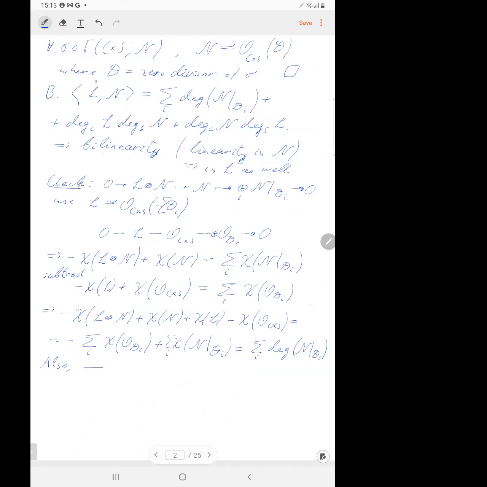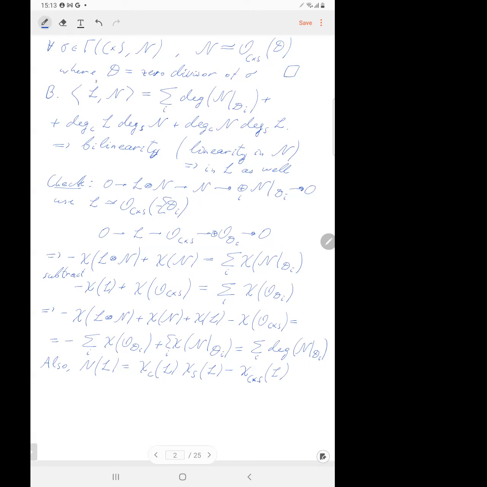That the defect of anything like L, for example, is the Euler characteristic along C times Euler characteristic along S minus the total Euler characteristic of L. Okay.